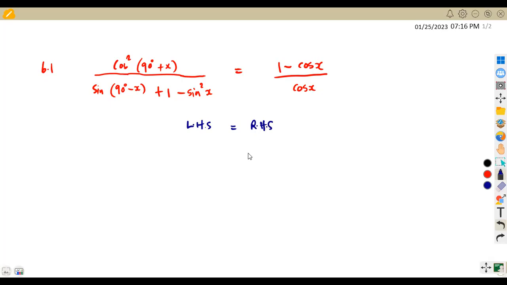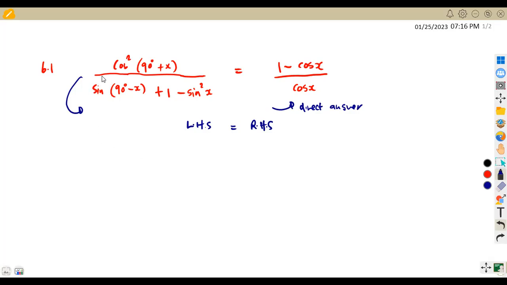There are two cases that can actually happen. The first case is that you prove the left-hand side, and it gives you directly what you have on the right-hand side. That is the first case.